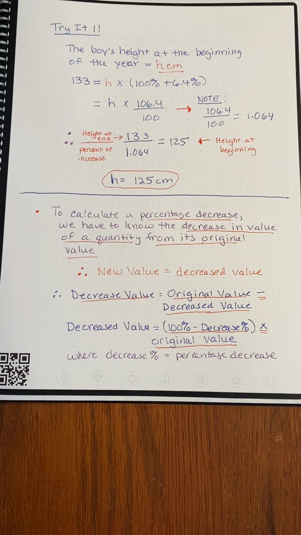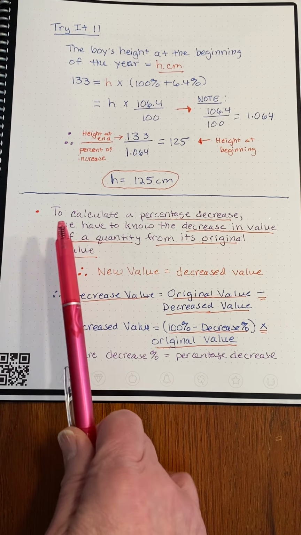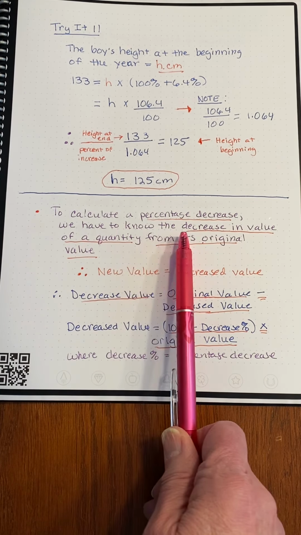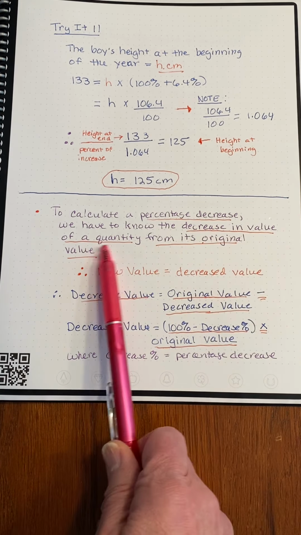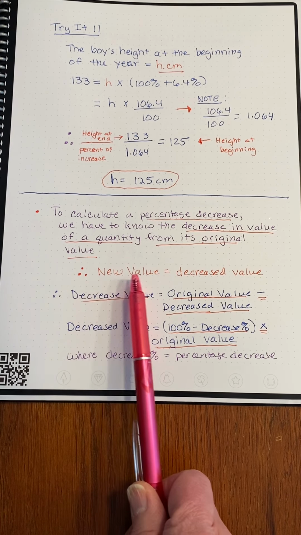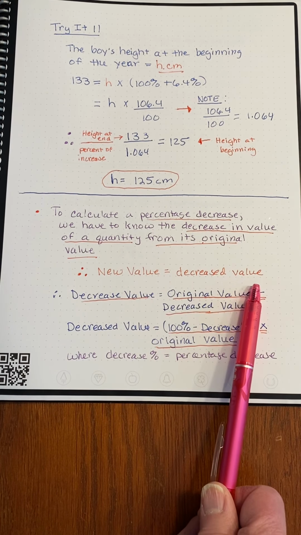Okay, switching gears. That is all about percentage of increase. Now we're going to talk about percentage of decrease. To calculate a percent decrease, we have to know the decrease in value of a quantity from its original value. Again, we find the difference. And the new value would be the decreased value.